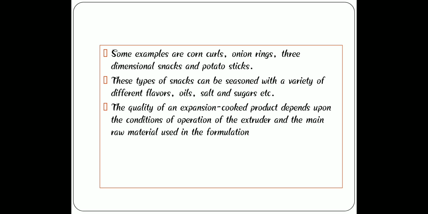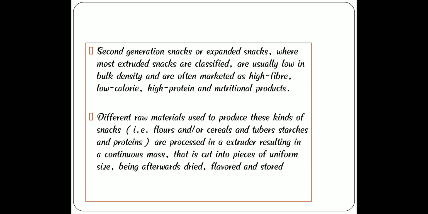The quality of an expanded cooked product depends upon the operating conditions of the extruder and the main raw material used in the formulation. The second generation snacks or expanded snacks, where most extruded snacks are classified, are usually low in bulk density and are often marketed as high fiber, low calorie, or high protein and nutrition products.